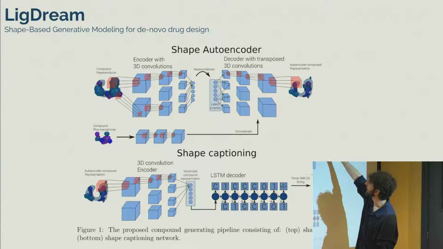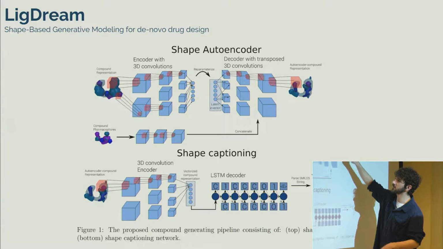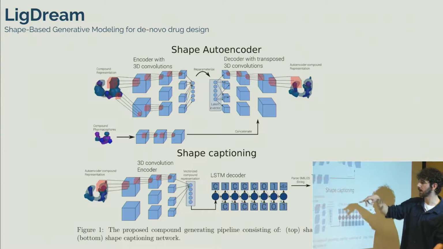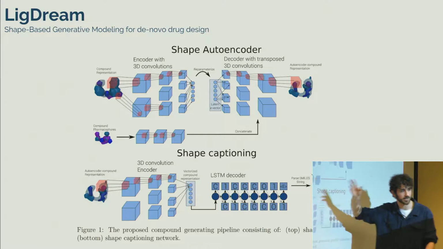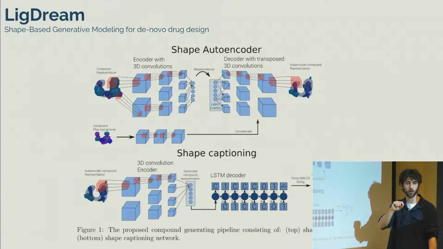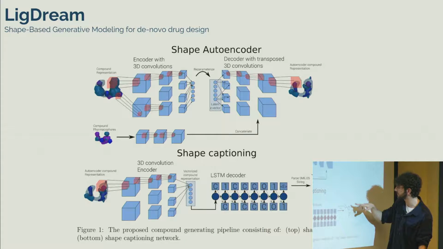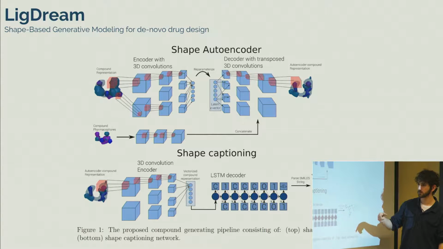Once you have these generated shape representations, you have the shape captioning, which is a tool to go from these shapes into SMILES, a way to represent molecules with text, and from these SMILES you just get the molecule. I'm not going to go very much into these technical details, but here is next.